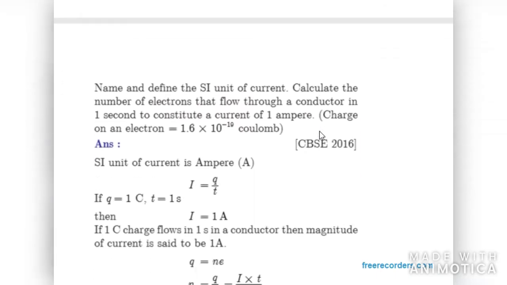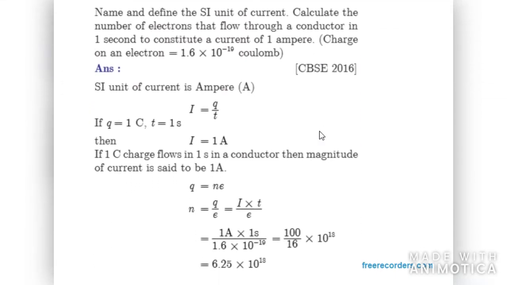Now moving on to next, it says name and define the SI unit of current. Name and define. So you have to define ampere. 1 ampere is when 1 coulomb charge flows in 1 second in a conductor, then magnitude of current is said to be 1 ampere.